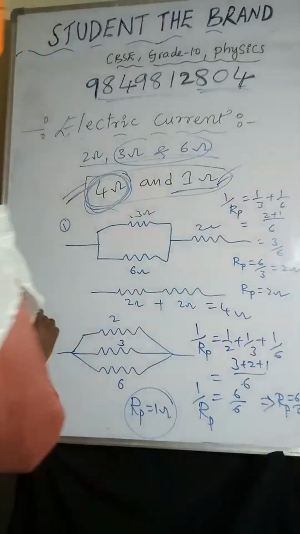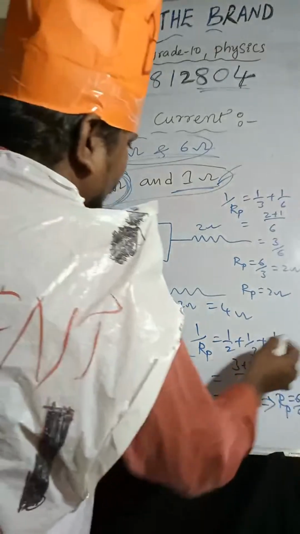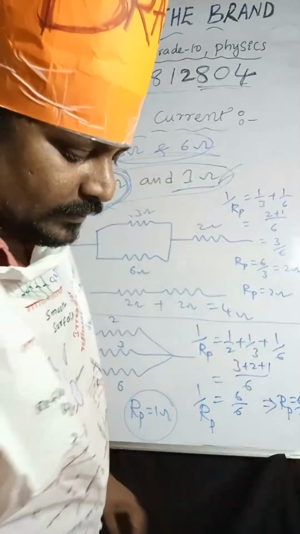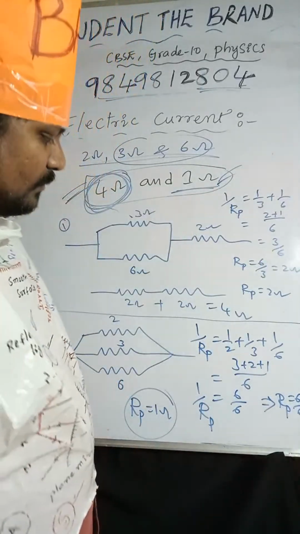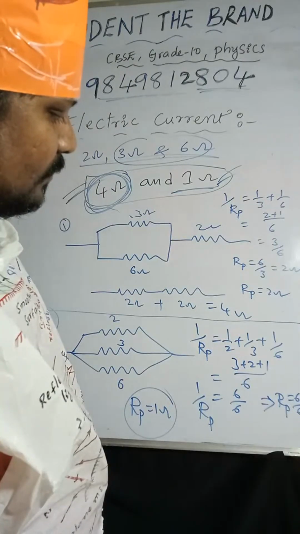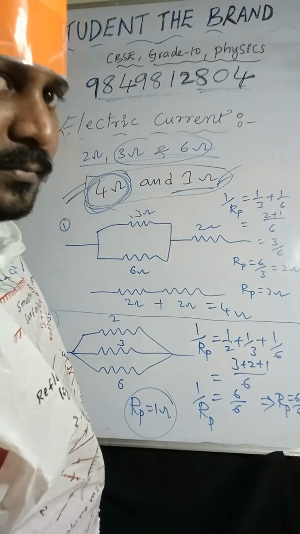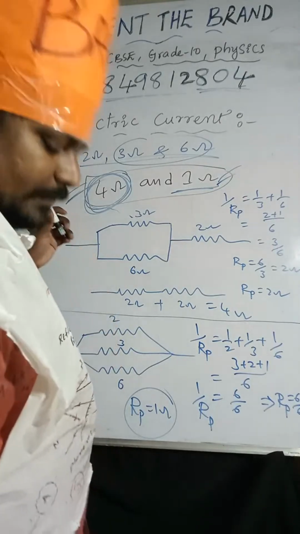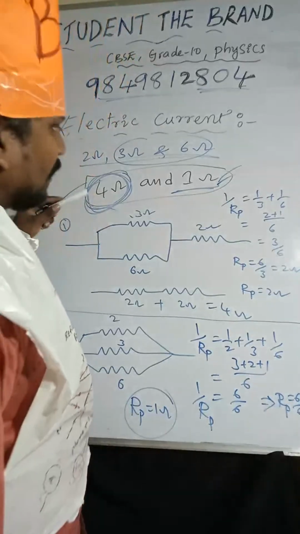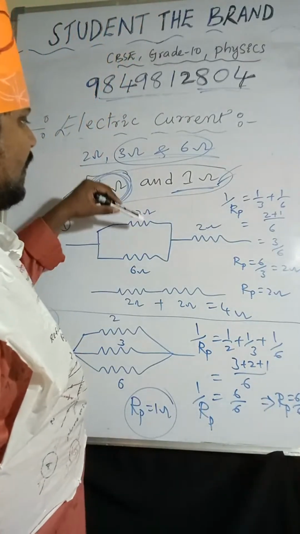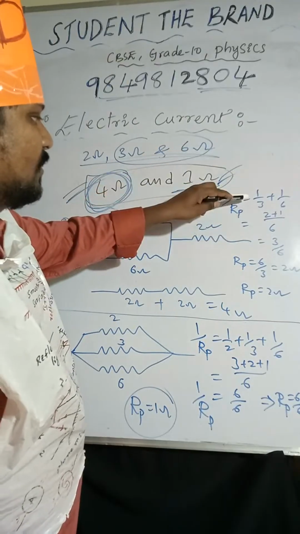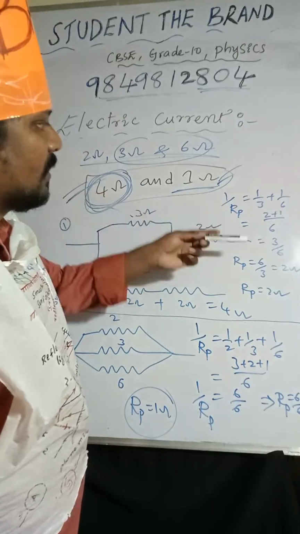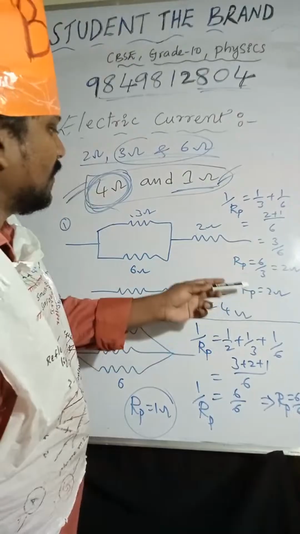So like this we have to connect. I hope it is very clear. So first you have to take 1 by 3 plus 1 by 6, that is 3 by 6, 6 by 3, 2, Rp equal to 2.